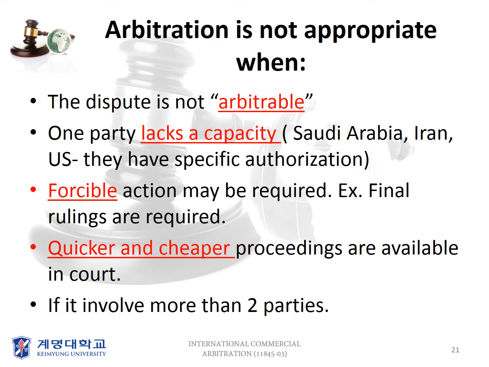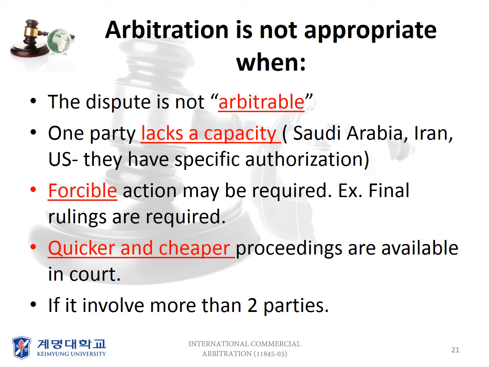And next, forcible action may be required. Let's say there must be a final ruling to be implemented. Let's say if it is criminal, or if there is already monetary damage, and of course the complainant wants to receive the money immediately, arbitration is no longer needed.